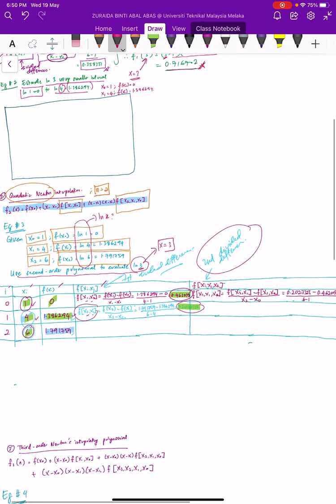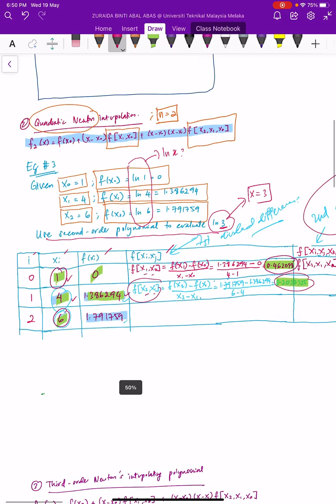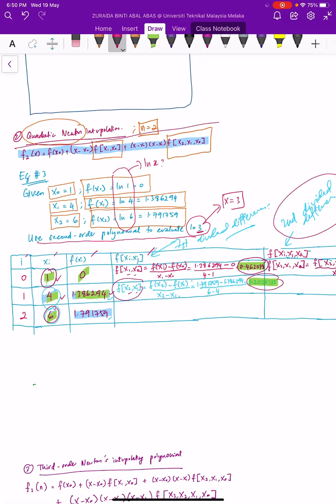So what's next is that you need to plug into this formula here.